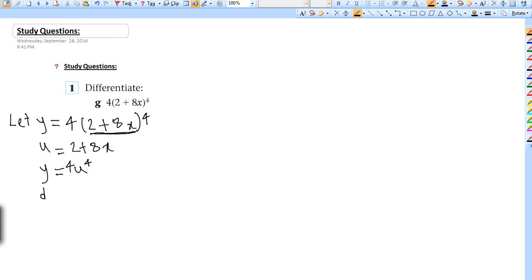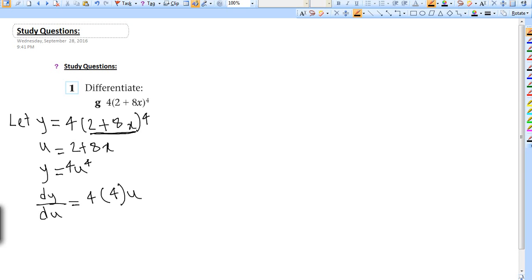Now we're gonna differentiate y with respect to u. dy by du will give us 4 multiplied by 4, where the power comes forward, u to the power 4 minus 1. So this will give us 16u to the power 3.